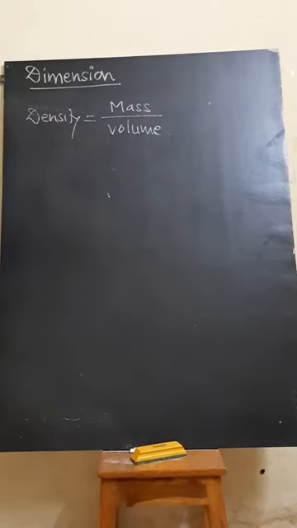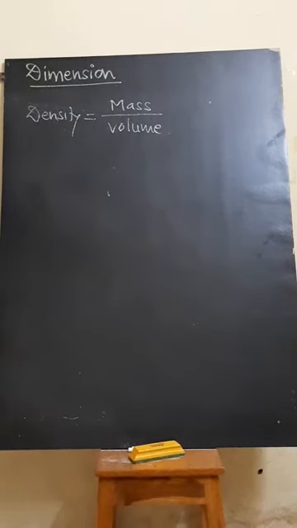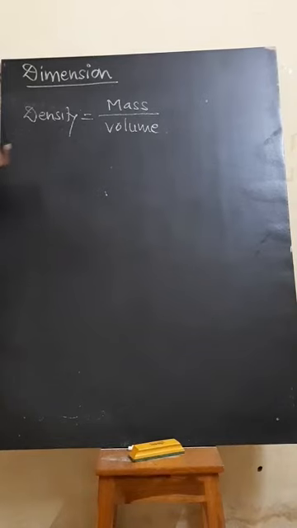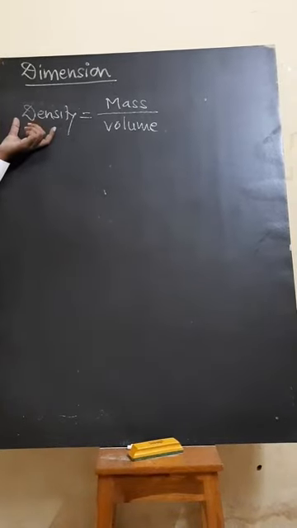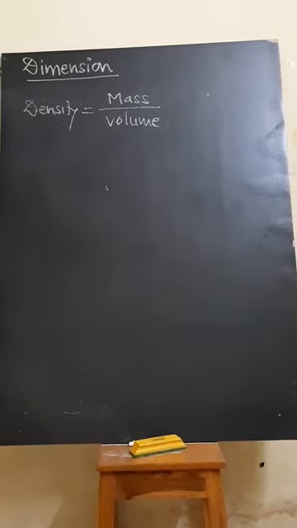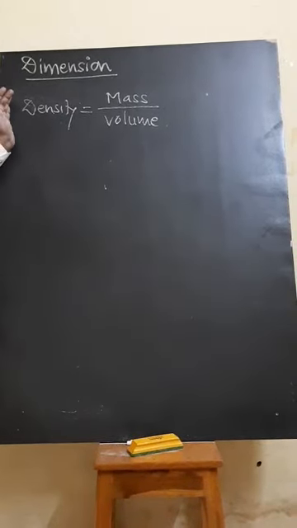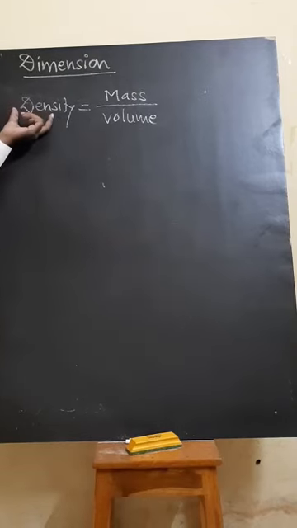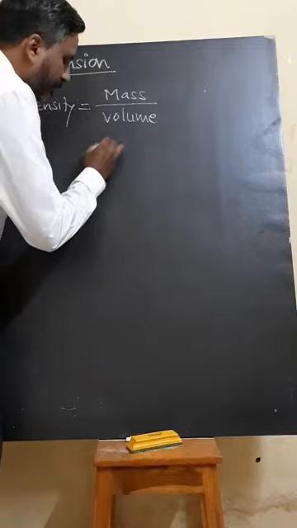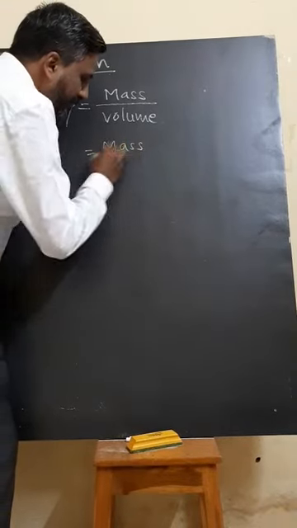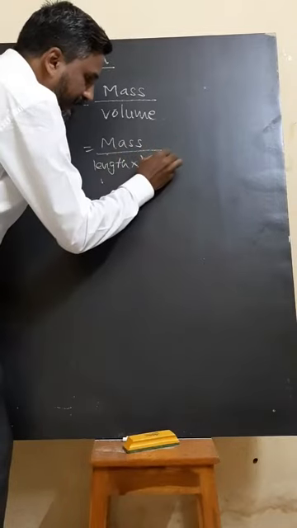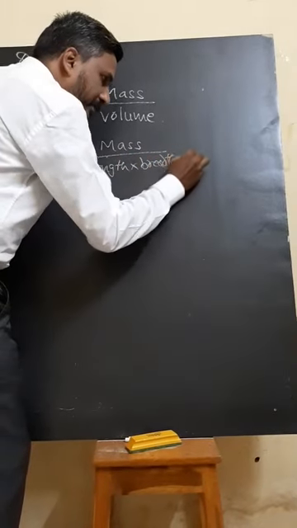This is one more method, and it is most commonly used for competitive exams, because it is very difficult to express every time any derived quantity in terms of fundamental or basic physical quantity. Suppose I want to resolve this density in terms of fundamental quantities: mass as it is, volume is length multiplied by breadth multiplied by height.